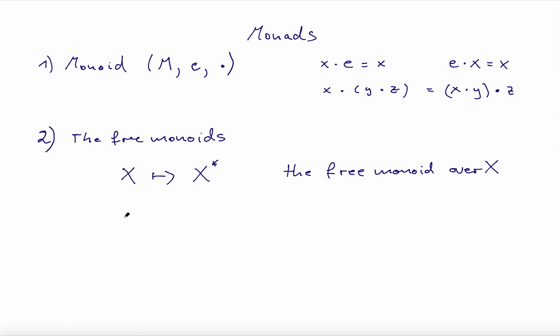Okay, and then we also gave a more programming-like notation. This is pseudo Haskell if you want. We can define the free monoid over X as the set of lists over X. And in Haskell, we could, for example, say the empty list is called nil, and the list is either empty or we append an element of X to a list.